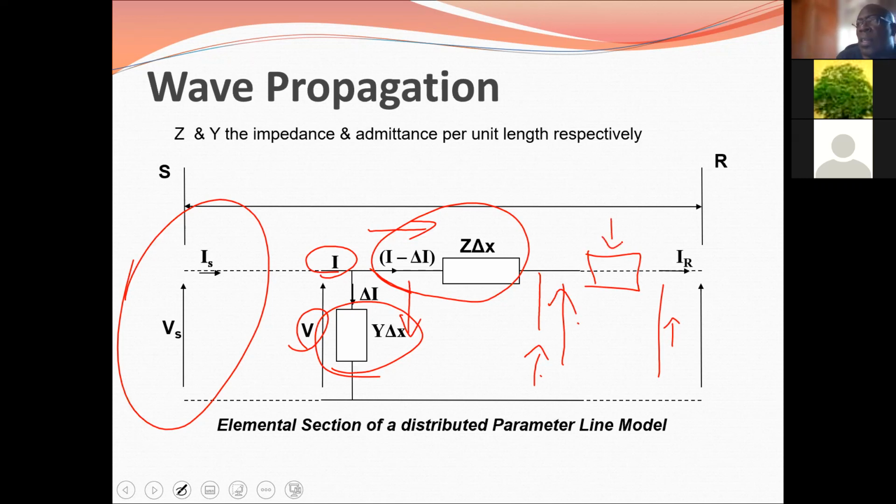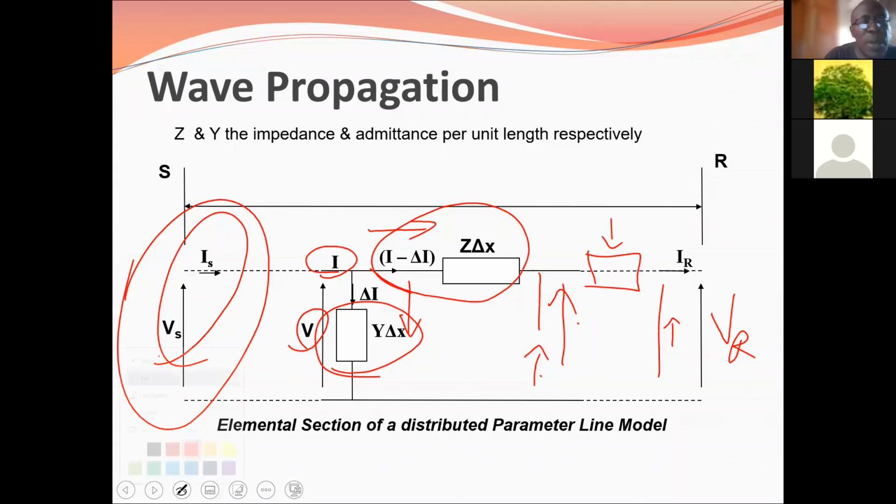In essence, the sending end voltage will be slightly different from the receiving end voltage, and current, because you will have voltage drops along the line. And of course, you'll have these small currents passing through the capacitance.